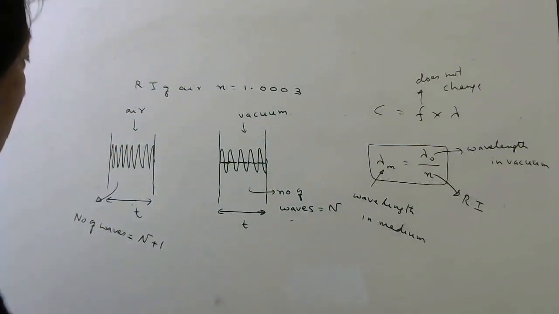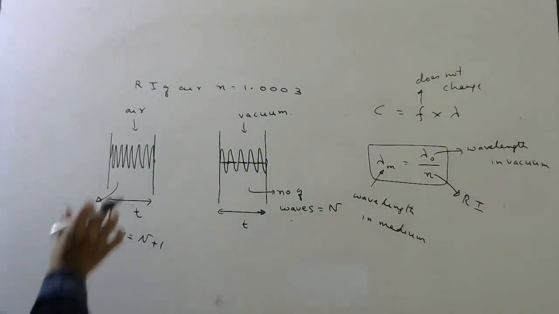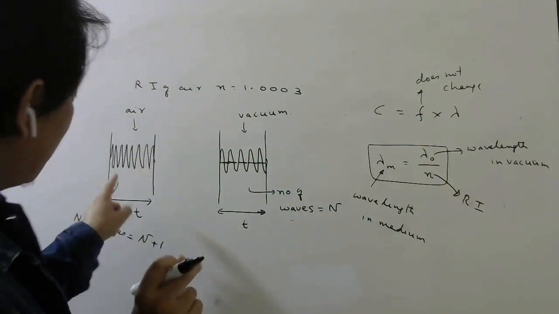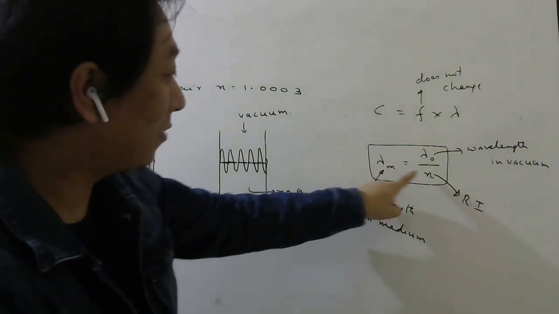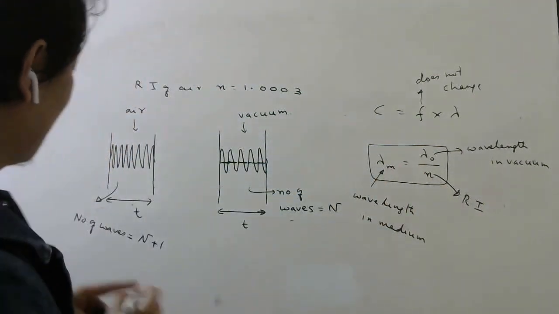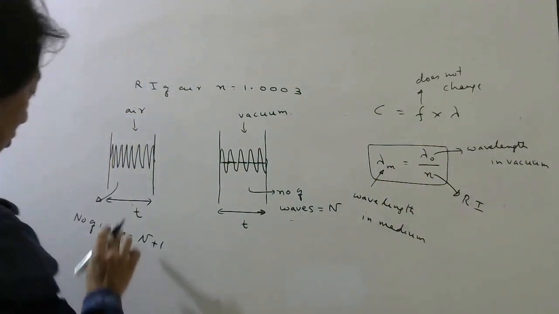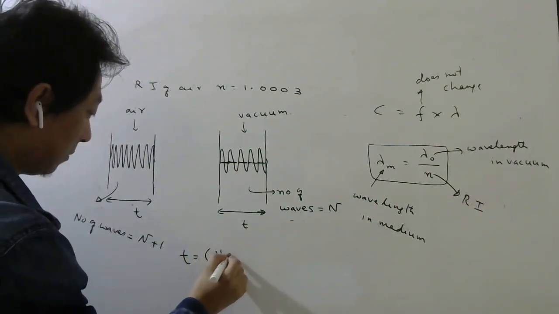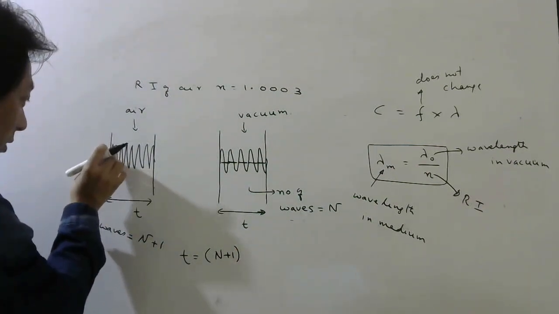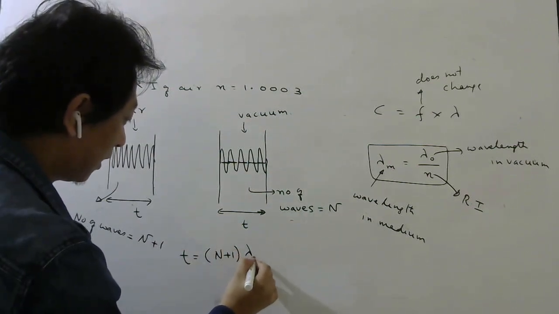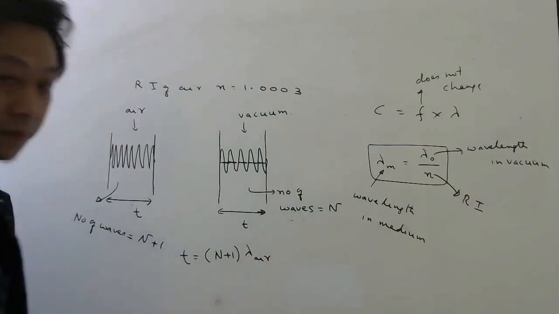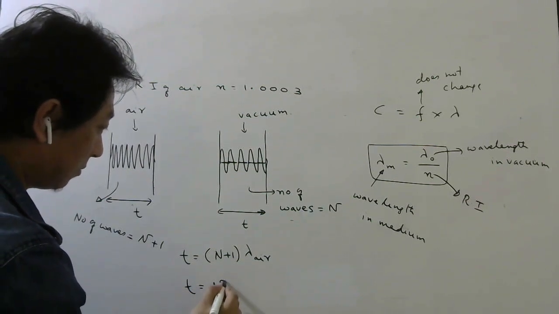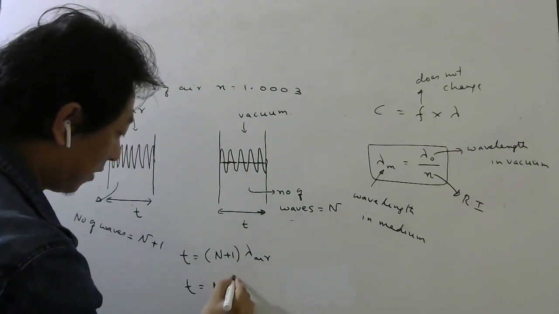Okay, students. So if here 5 wavelengths are there, here 6 will be there. Why are 6 there? Because the wavelength here is less than here. In medium, wavelength is less, remember. So this thickness I can write as N plus 1 times the wavelength of one wave, which is lambda in air. And here I can write the same thickness as N times wavelength in vacuum.